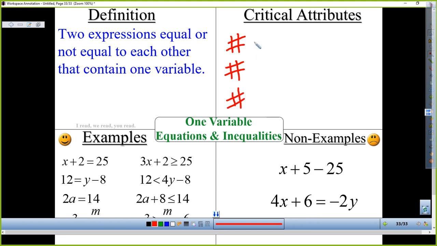Thank you. Bianca, another one. Hashtag what? Hashtag inequality. Inequalities.